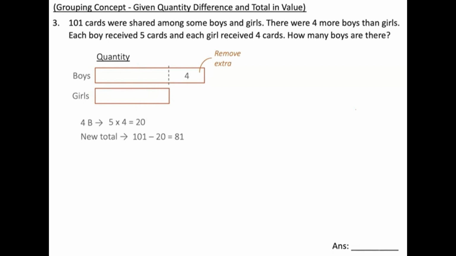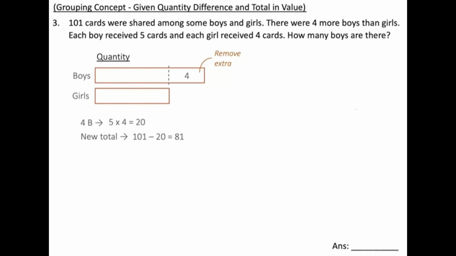The cards the boys have here and the cards the girls have here are not equal. But the number of boys and girls are equal. So I cannot do 81 divided by 2, because the number of cards the boys have is not equal to the number of cards the girls have.